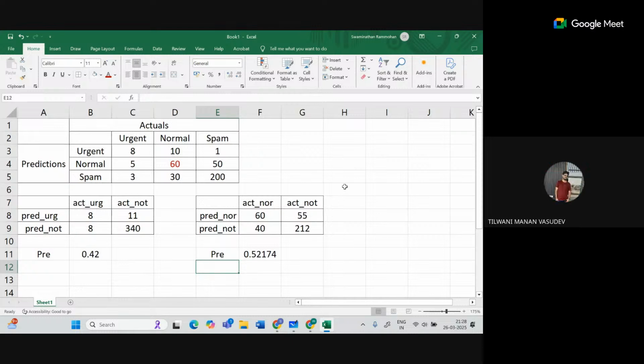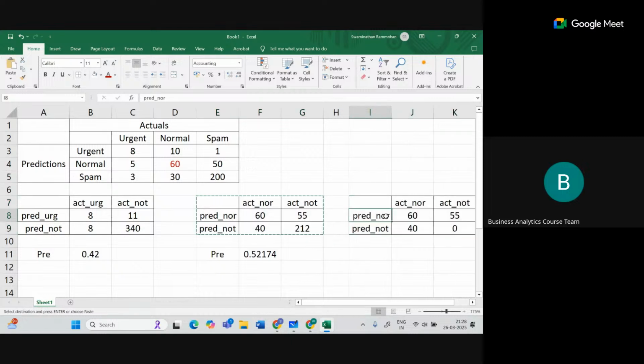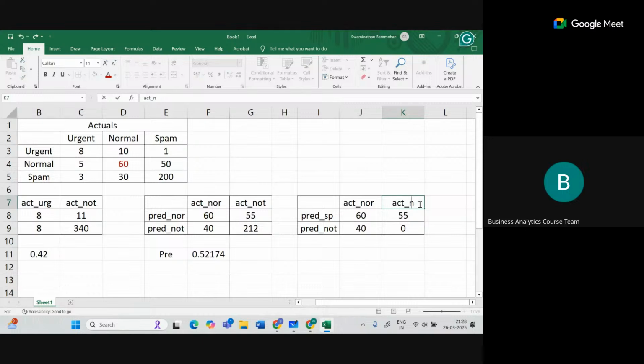Next, for the last class, let me do this. And recall, you can do it yourself. Let us not waste time. So this is spam. This is not spam. What is predicted and actual?